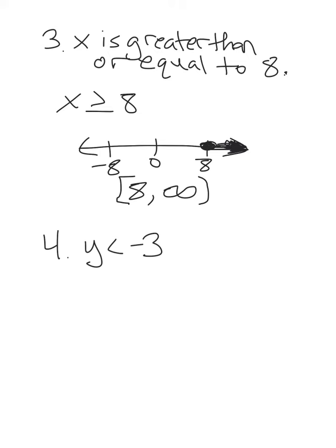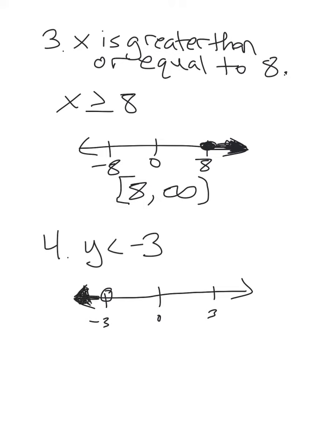Number 4, we have y is less than negative 3. So let's just go ahead and write this, graph this. 0, 3, negative 3. It's less than, no line, so open circle. It points to the left, that's what less than means, so we shade left.